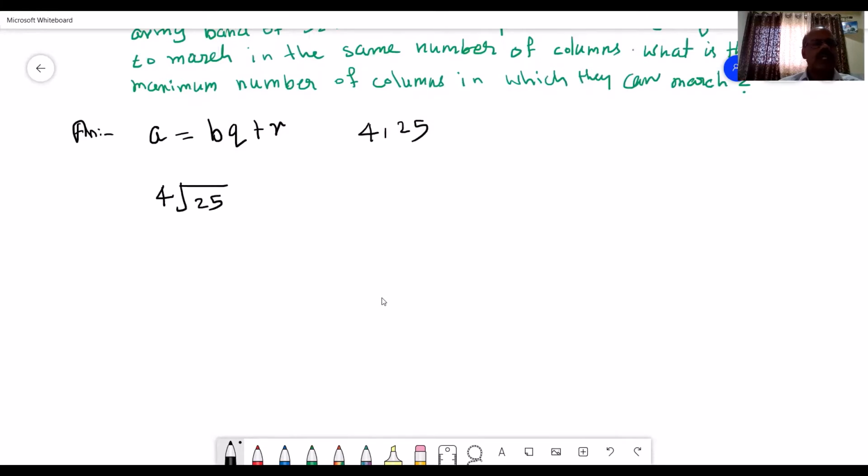We are going to divide. Now 4 will go 6 times, and we are getting 24 here, and the remainder is 1.